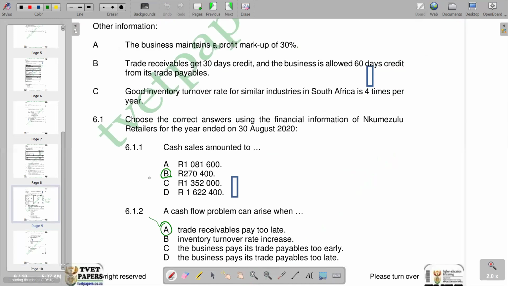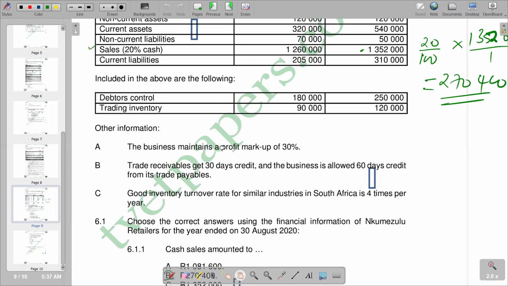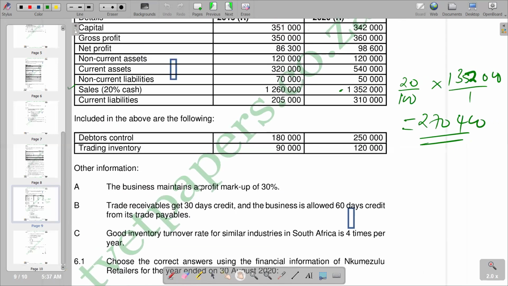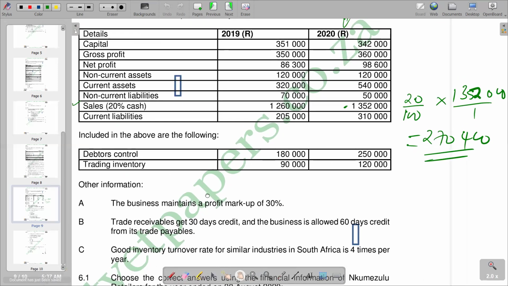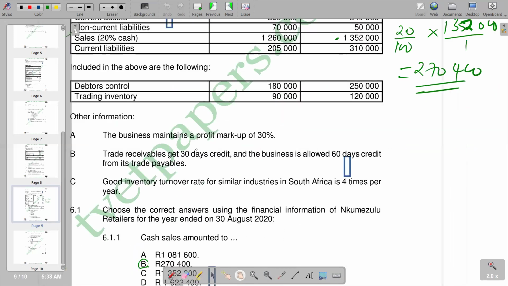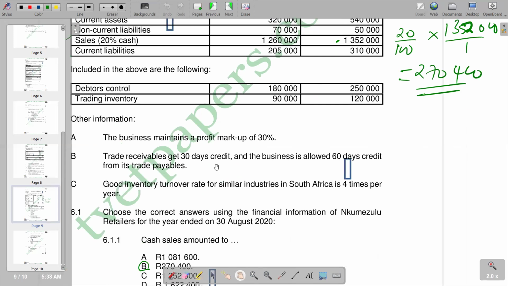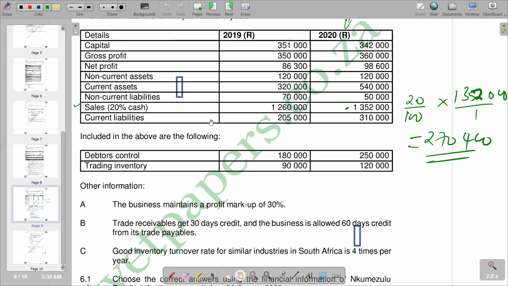So if you come here, let's try to see in the question, how can we calculate the amount of cash and cash equivalents. So given the information that we are given there, you'll see that cash and cash equivalents is part of our current assets. If you check there, we are not given the figure for cash and cash equivalents, but we are given the figure for current assets there.